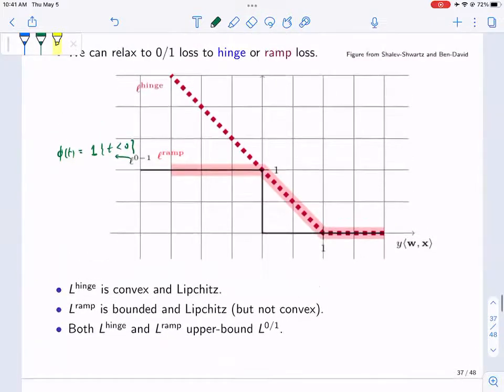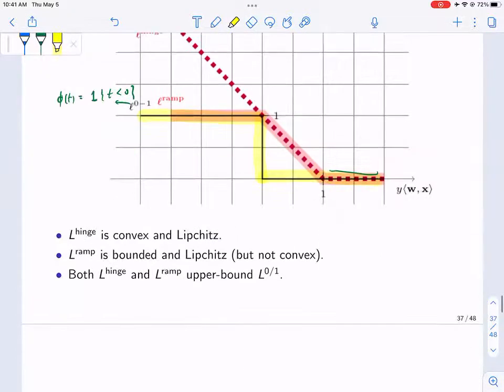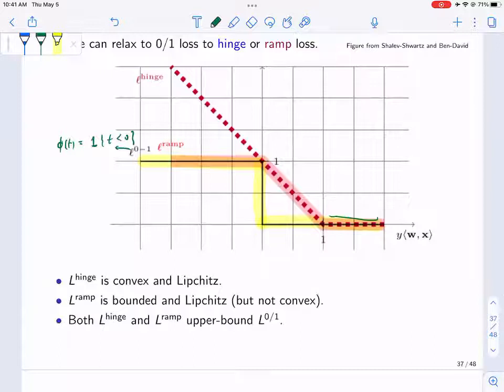There's the hinge loss, which is an upper bound. This red thing is the hinge loss. I can use that. You can see this is an upper bound on the 0-1 loss. This is the 0-1 loss. So the hinge loss is an upper bound which is convex and also 1-Lipschitz. The ramp loss is this one that we have.